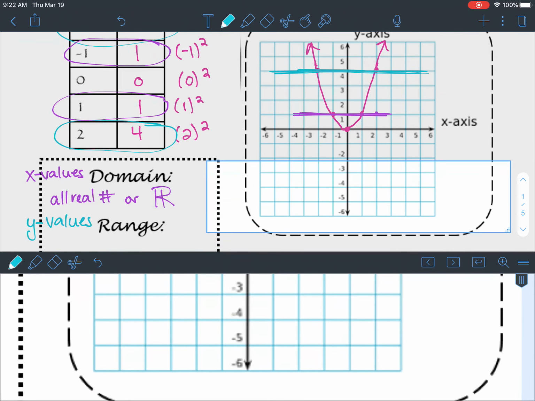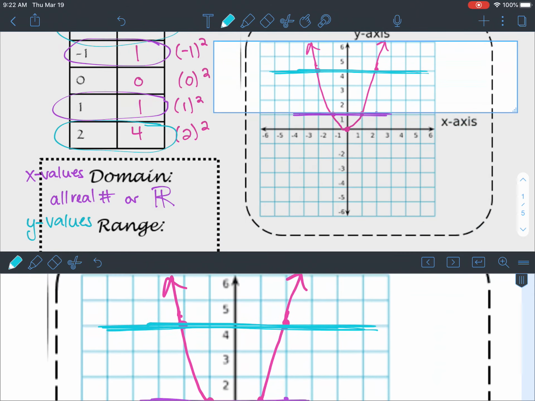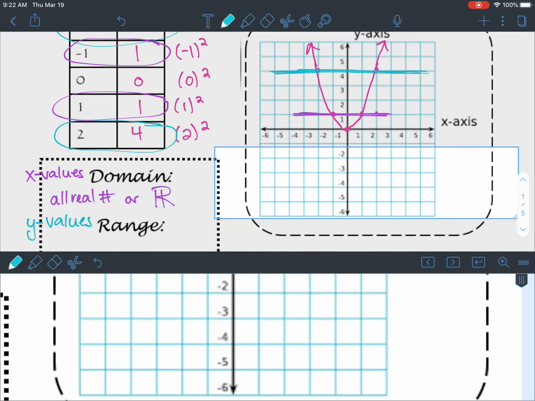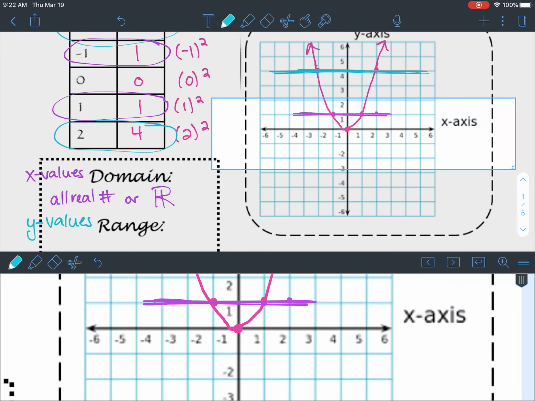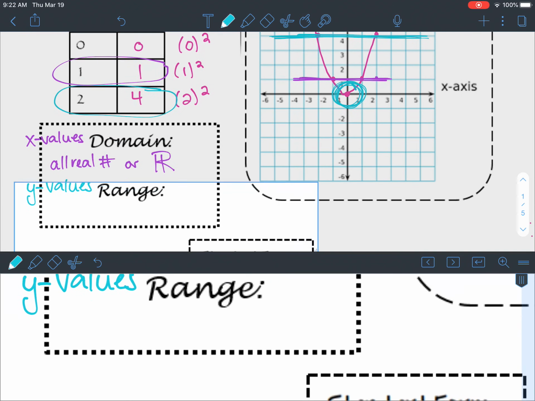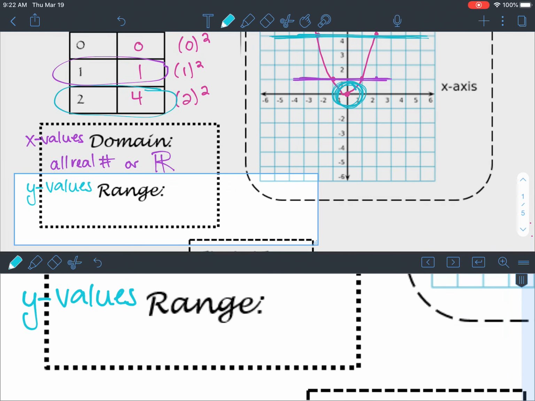So when I look at my y values, I start down here at negative infinity, and I come up my graph, and I see where my values start to become real. So that's right here at this point. So at 0, 0, that's when I actually start to have y values. So my first point where my range happens is at 0.